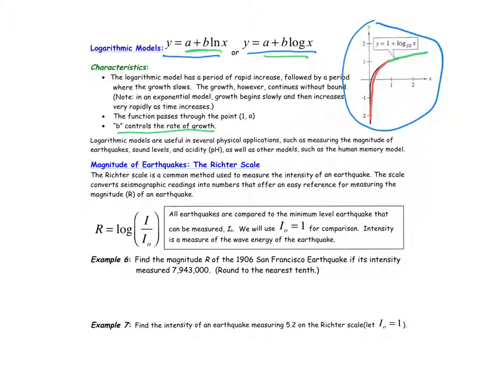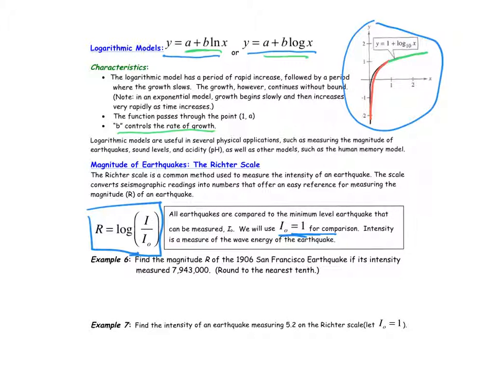The model is that the magnitude of an earthquake, R, is equal to the log of I over I naught. In this model, I naught is set to 1. Our textbook uses it this way, so I put it here in the notes. All earthquakes are compared to the minimum level earthquake that could be measured, I naught, which we're going to set to be 1. Intensity is a measure of the wave energy of the earthquake.